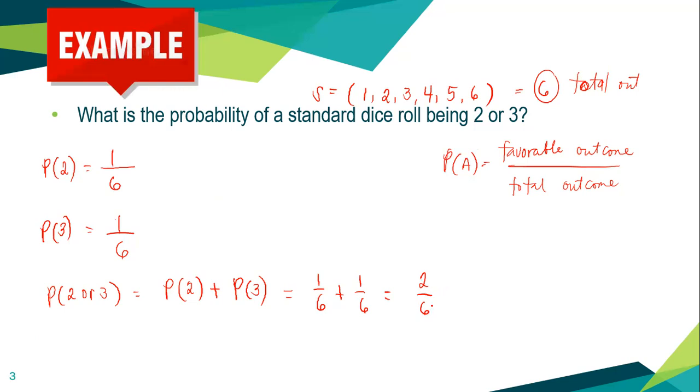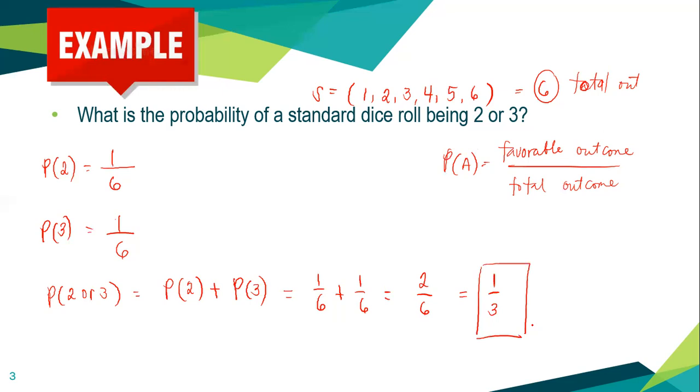So 2 over 6 still have its lowest form, which is 1 over 3. And 1/3 will be your final answer. Okay? So yung probability pala na 2 or 3 yung lumabas is 1/3. Okay?